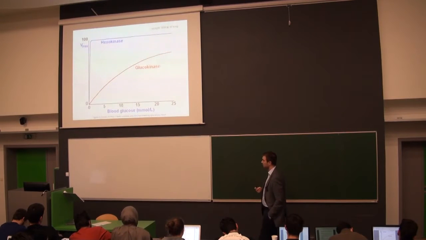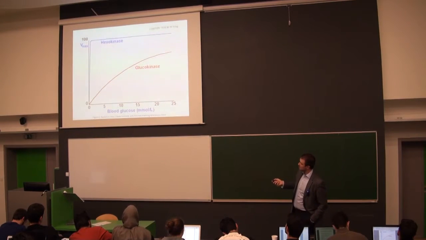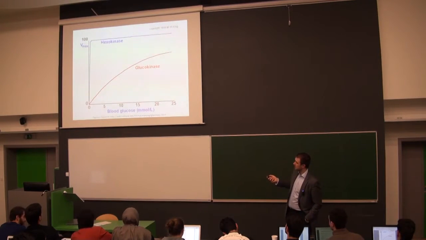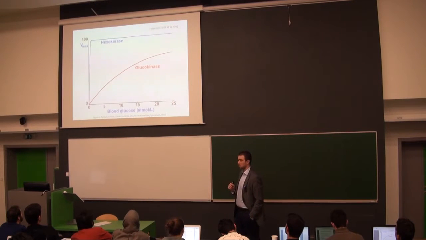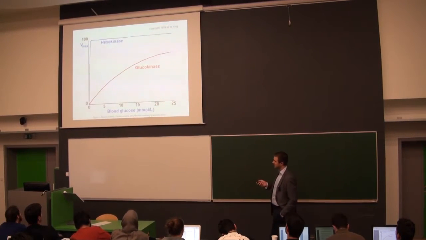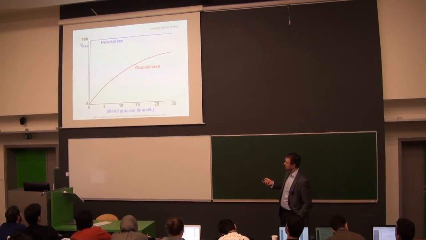And as you see here, the Michaelis-Menten constant for the glucokinase is around 10. That means that, as you know, the physiological concentration in fasting is around 3.3 to 5.6. So if we say that it's around here, you see that at physiological concentration, the velocity of the reaction is quite slow.